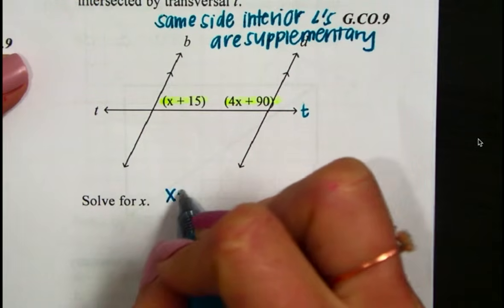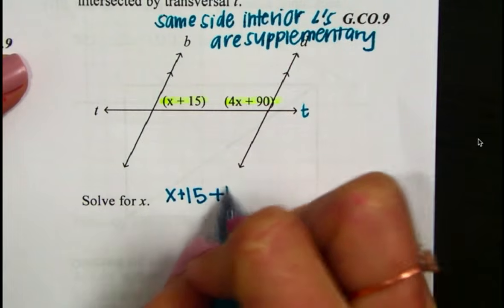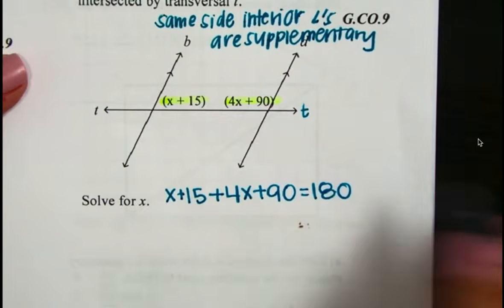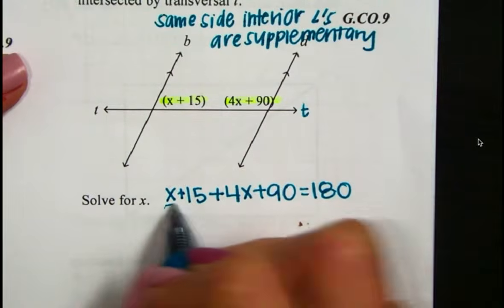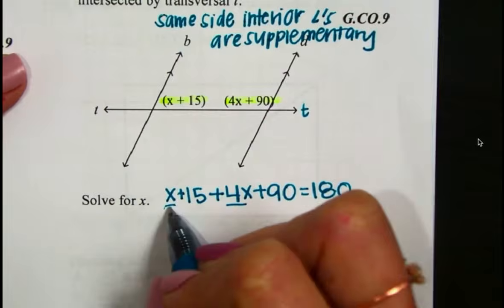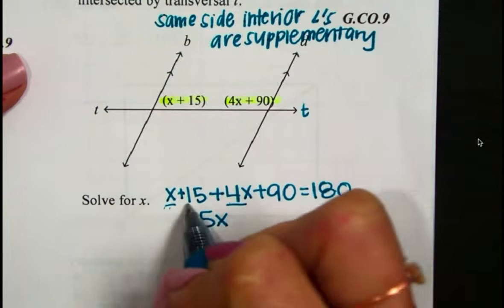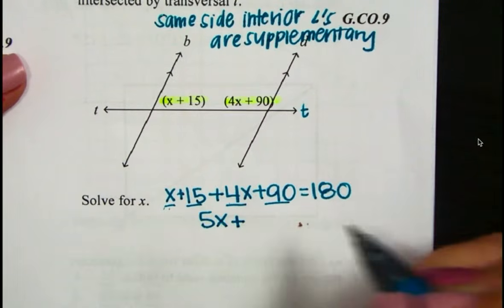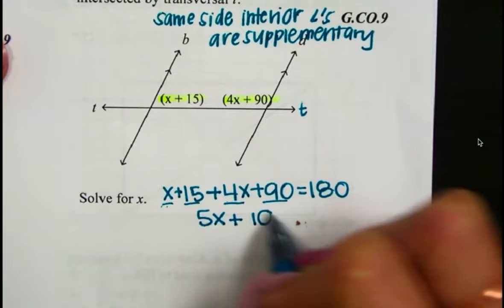So x plus 15 plus 4x plus 90 equals 180. Then we're going to solve for x by combining our x terms first. x and 4x is 5x. 15 and 90 is going to give us 105.